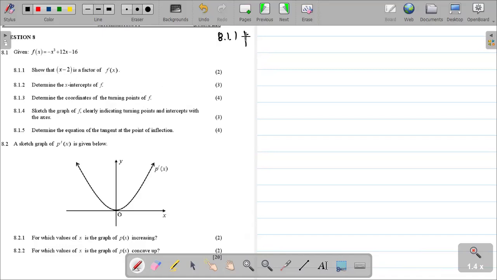So f of 2 will be equal to negative 2 cubed plus 12 into 2, and then negative 8, so it's going to be equal to 0.